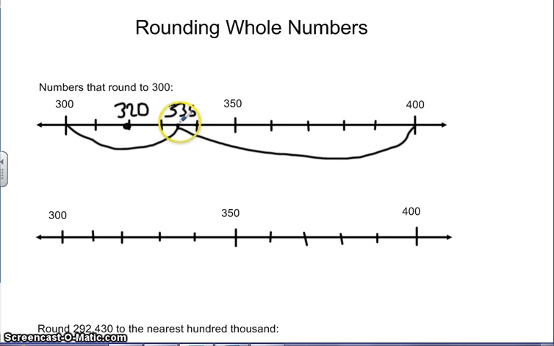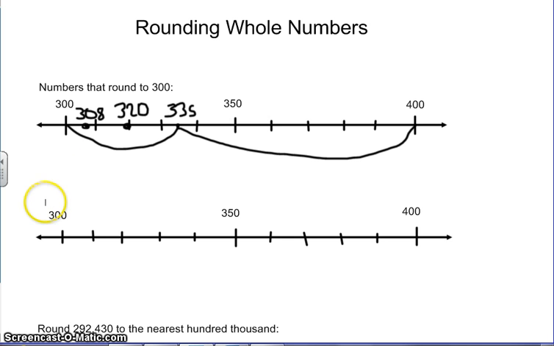What if I put 308? That would be closer to 300 than it would be 400. I want you to look at the digits of 308, 320, and 335. Think about why those digits and why they would go down to 300 instead of up to 400.